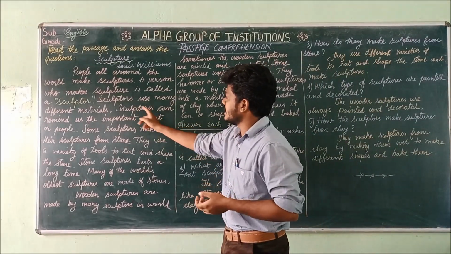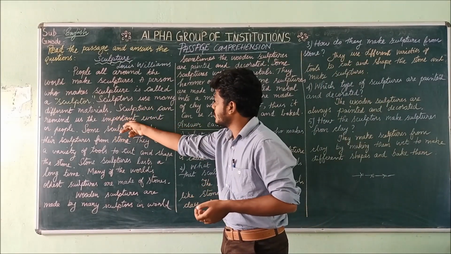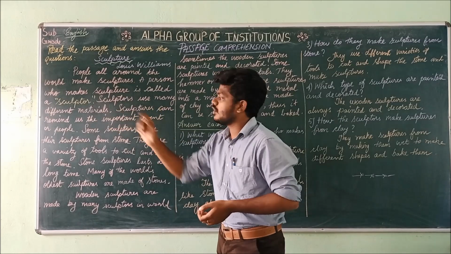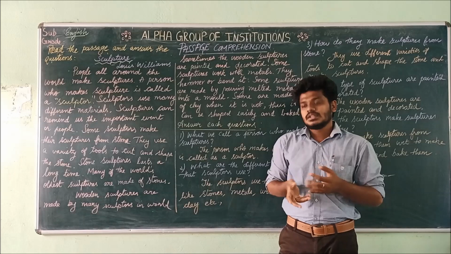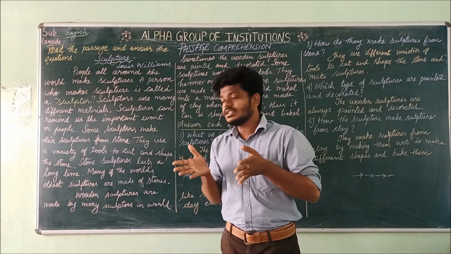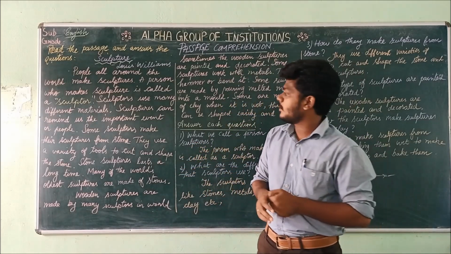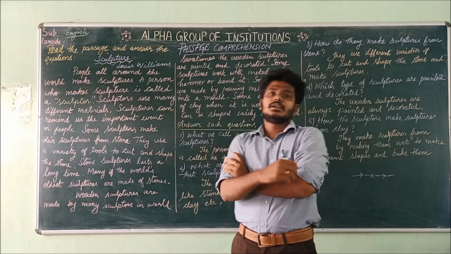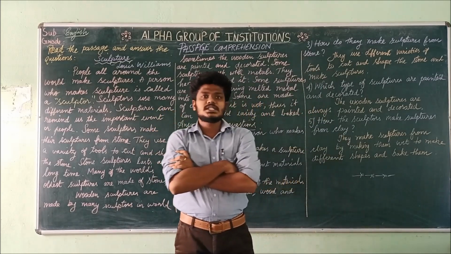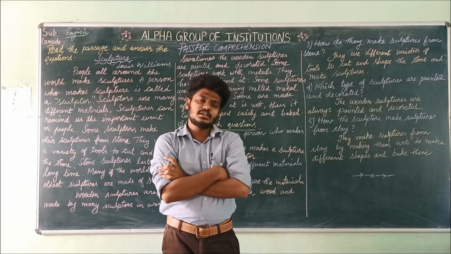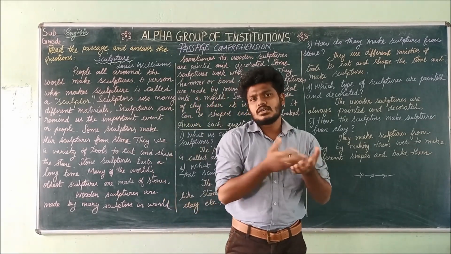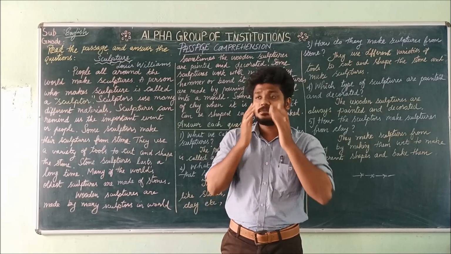Sculptures can remind us of important events or people. The statues remind us of important events and important people. In the olden days, did they have cameras or any other digital medium for capturing the moments of people?